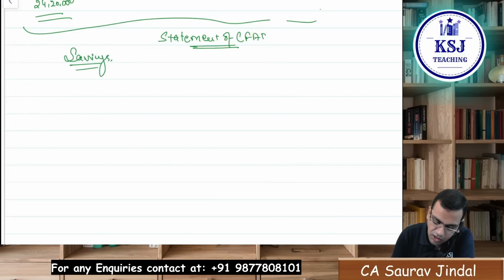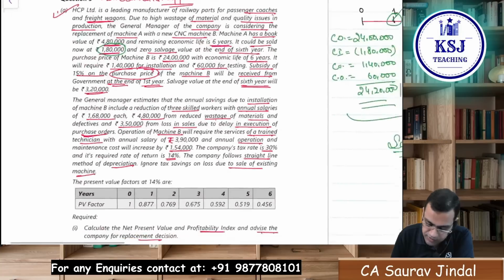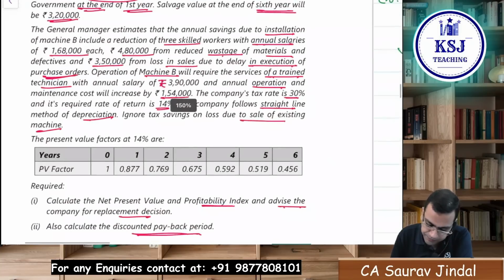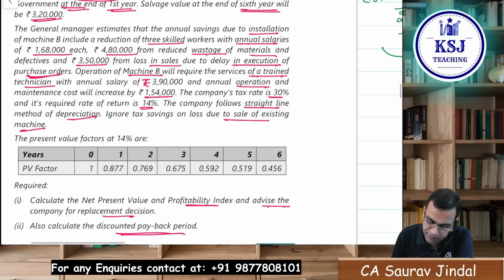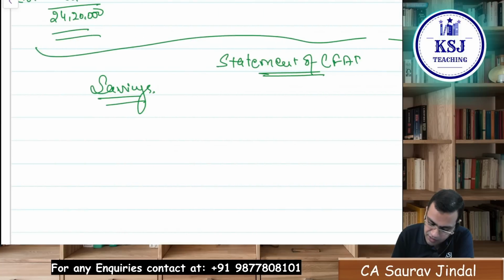Which savings will be there? It is given. The savings will be 1,68,000 into 3, skilled workers, right? 1,68,000 multiplied by 3. That is 5,04,000. One saving will be there.